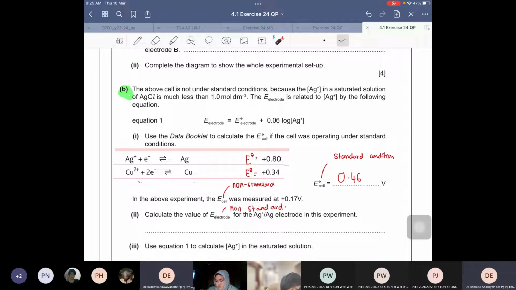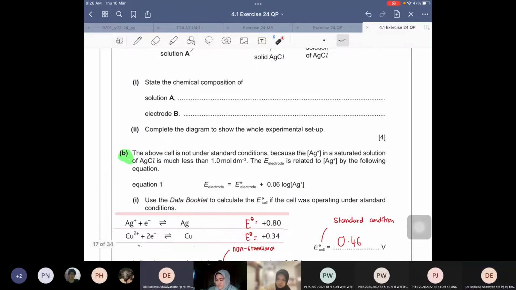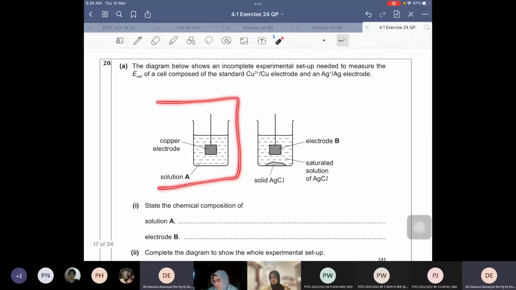We cannot use this expression yet because we don't know the concentration of Ag+ in the saturated solution. But what we do know is that our copper solution is not affected.